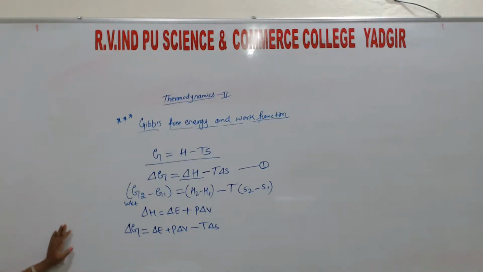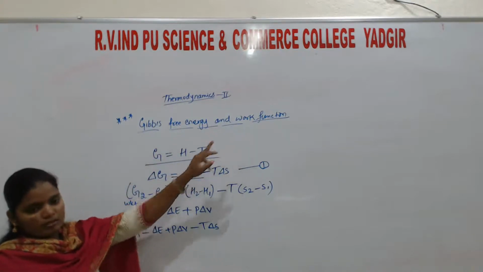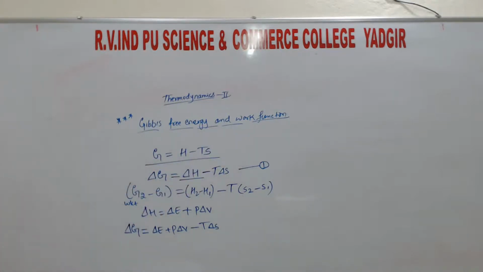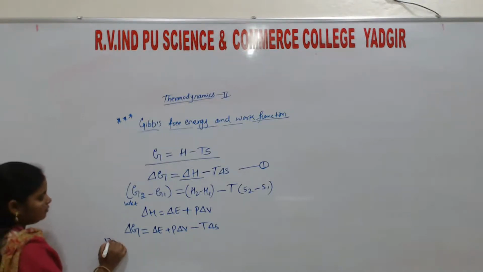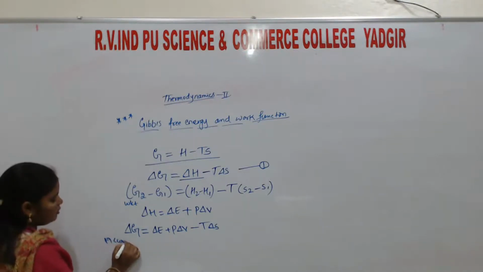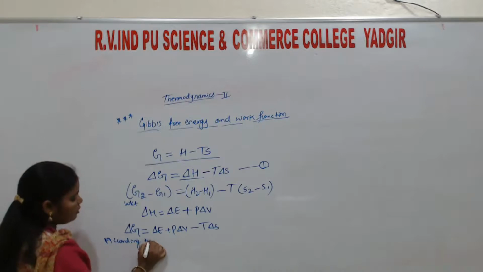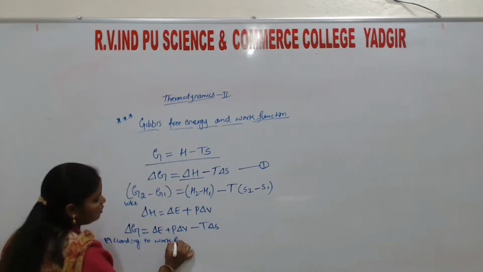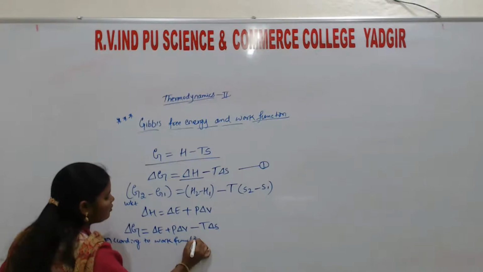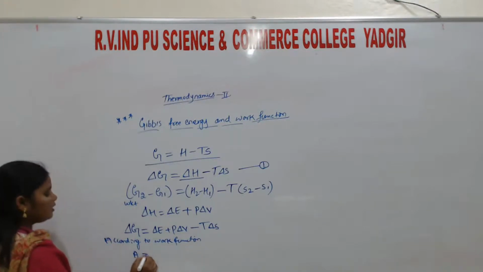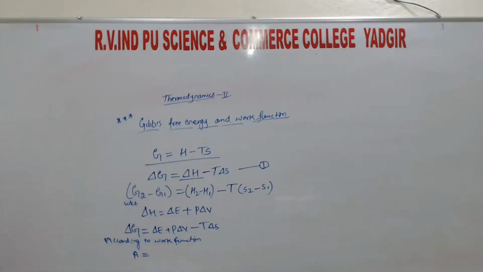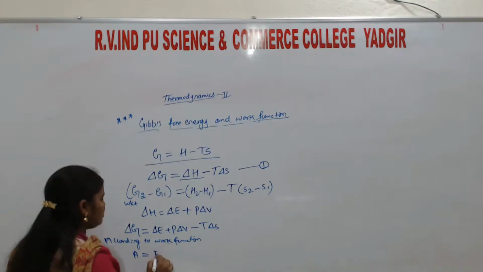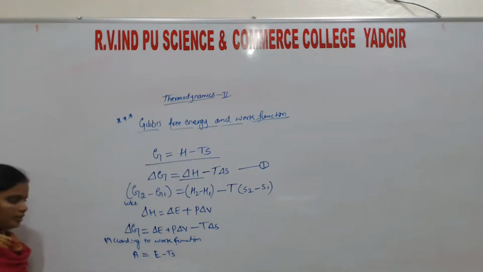According to the work function, A is equal to E minus TS.